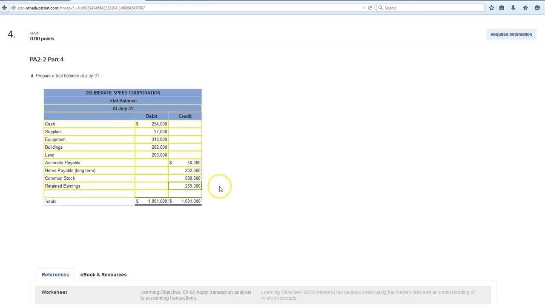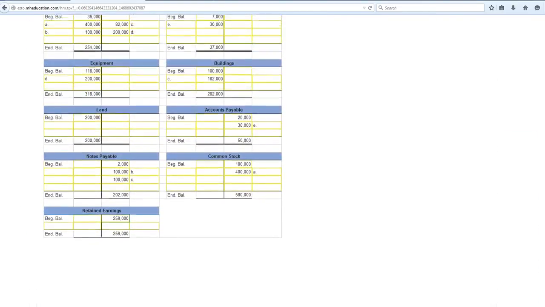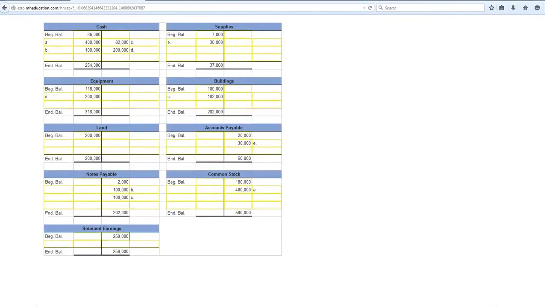Another reason could be a transposition or slide. It could be that you journalized correctly, but when you posted, for example, let's go back to our T accounts, and let's say you posted a credit to cash of $82,000 and perhaps a debit to another account for $28,000. It causes the balances to be off by a multiple of 9.